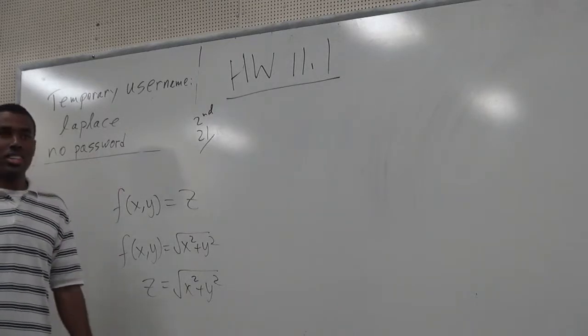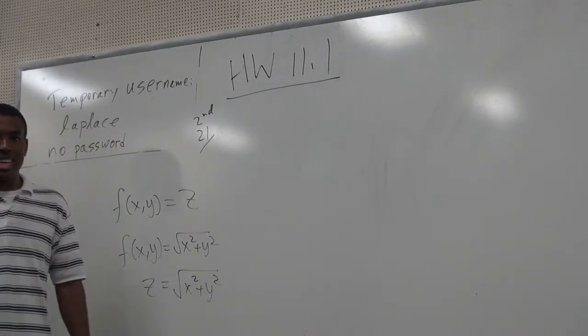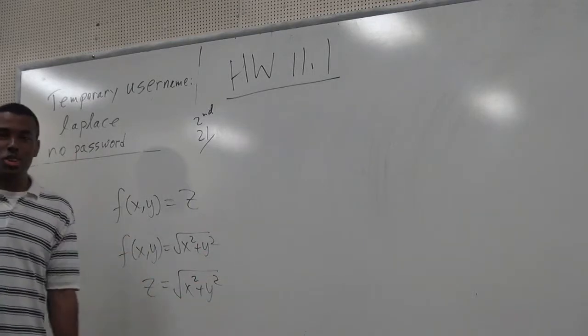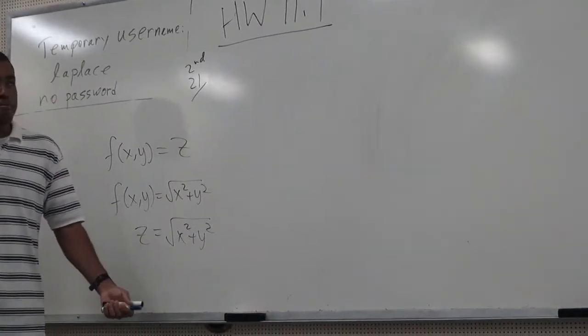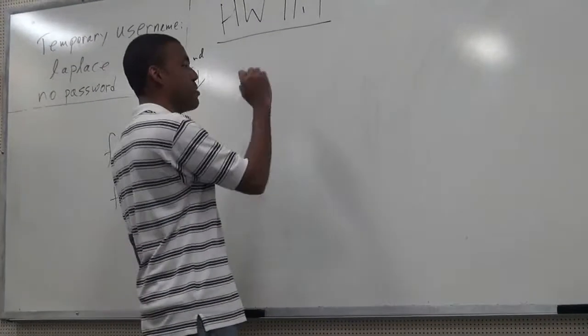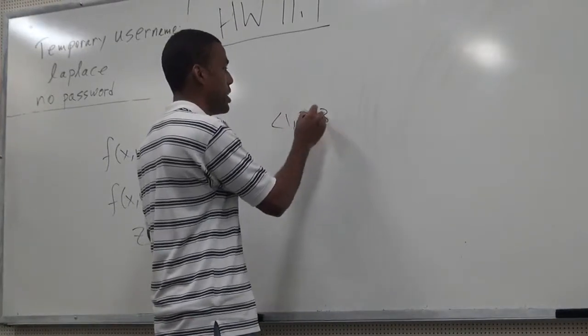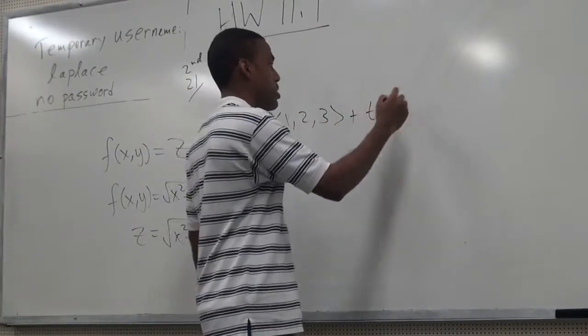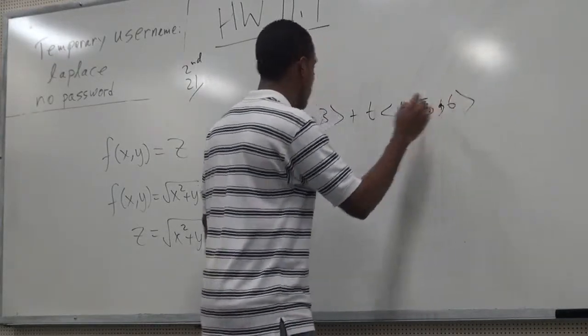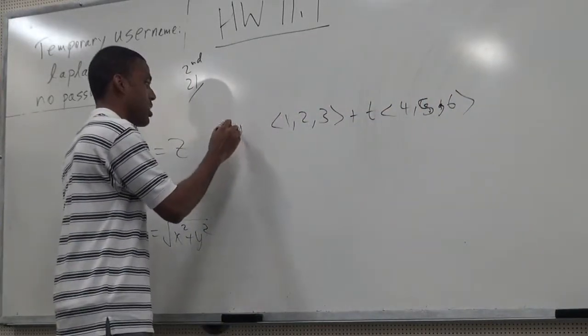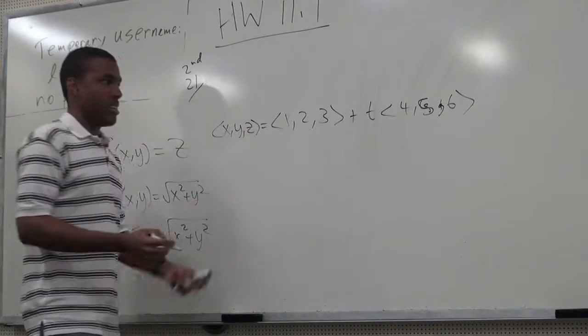You know what I noticed grading the quizzes? People can't look at things and know if it's a line or not. Like I asked for a plane and they give me the equation of a line. If I ask you for a plane and you give me something that looks like 1, 2, 3 plus t times, I don't know, 4, 5, 6, that's a line.